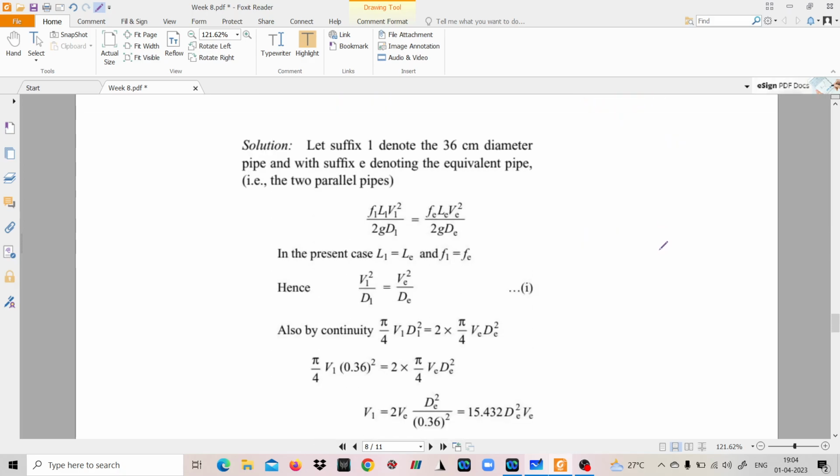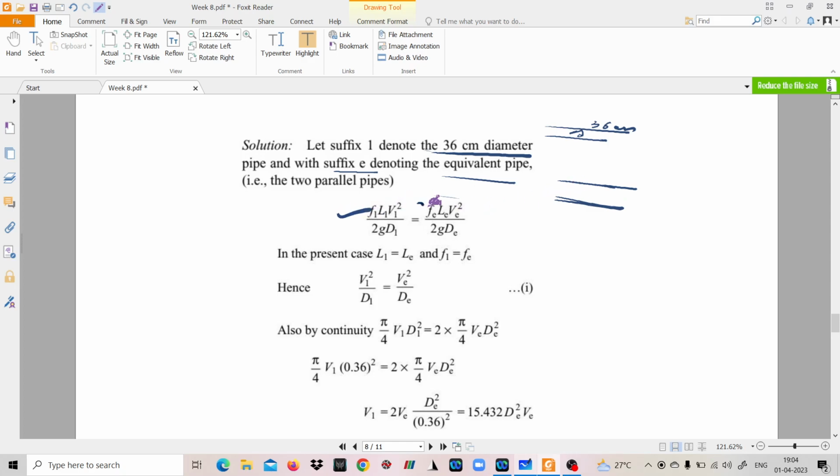So how do you solve this problem? Let subscript 1 denote the 36 centimeter diameter pipe, and subscript E denote the equivalent pipe. Basically, it is an equivalent pipe problem, meaning one single pipe of 36 centimeter diameter is replaced by two equivalent pipes. Now, if it is a parallel pipeline system, then the major head loss is the same.